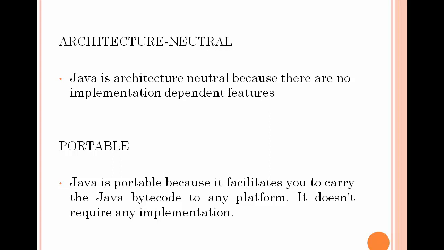In C programming, the int data type occupies 2 bytes of memory for 32-bit architecture and 4 bytes for 64-bit architecture. However, it occupies 4 bytes of memory for both 32 and 64-bit architectures in Java. So it doesn't depend on whether it is a 64 or 32-bit architecture.